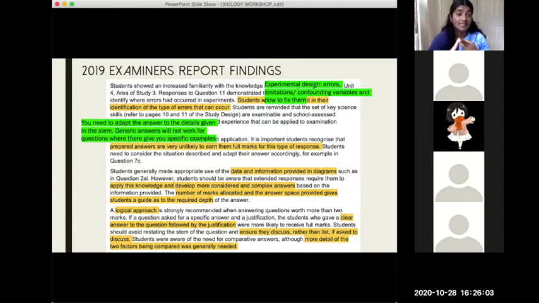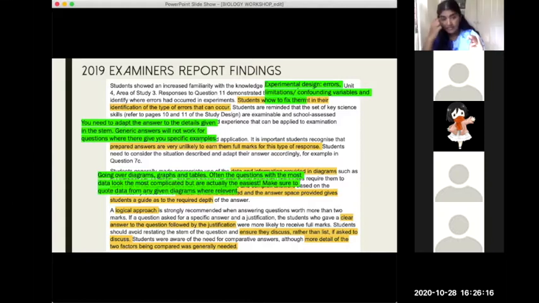Why do experiments with enzymes, photosynthesis, cellular respiration, why do they go wrong? And increasingly experiments about antibodies, monoclonal antibodies, things like that as well. Look into those. Yeah, and so a logical approach, clear answer, followed by the justification.